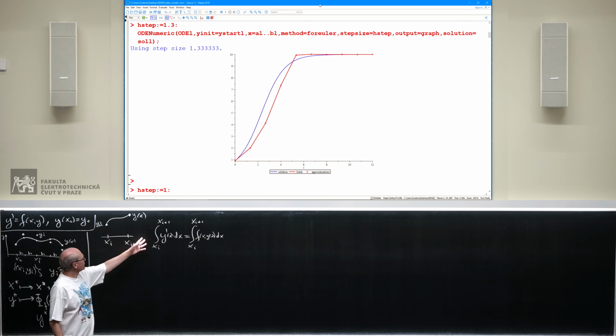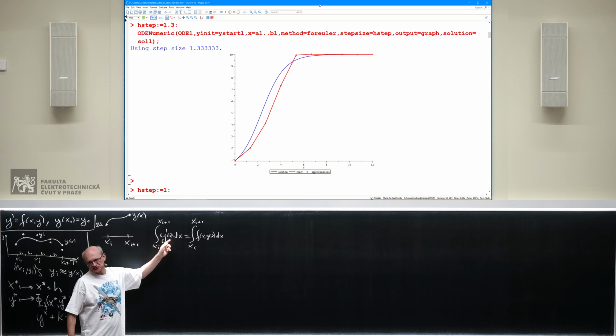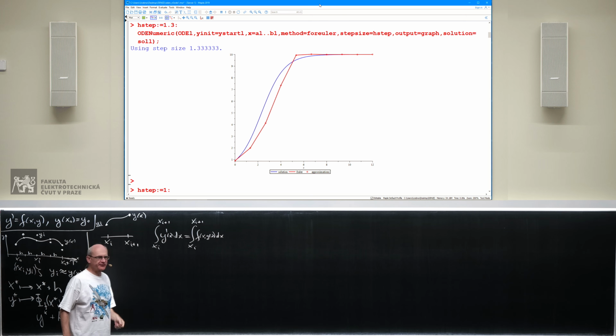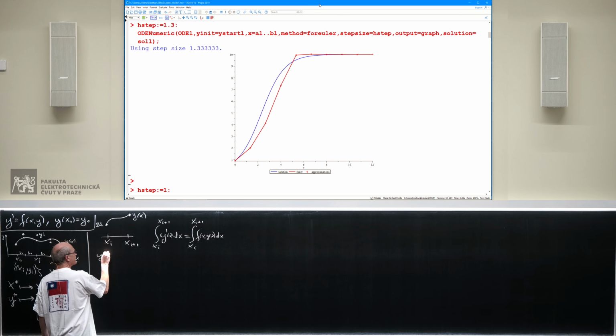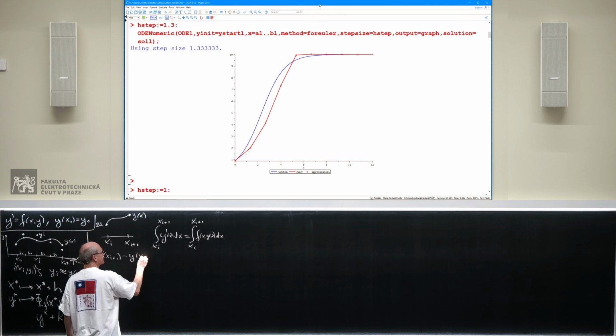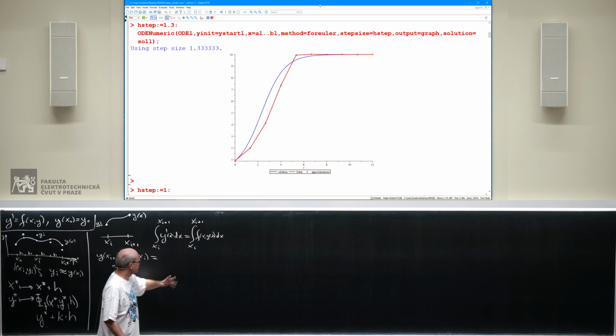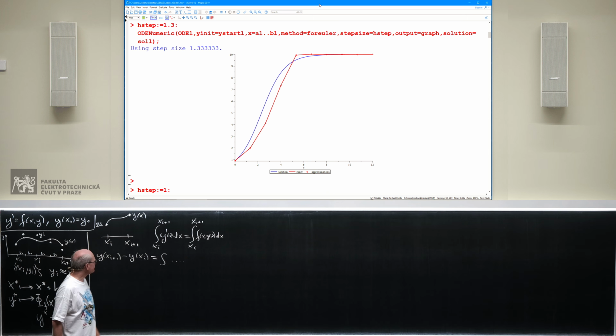What do I get on the left? Well, I'm integrating a derivative, so I can apply the fundamental theorem of calculus. And I get y at xi plus 1 minus y at xi is equal to, and there is this integral. Let me just symbolically write it down like that.